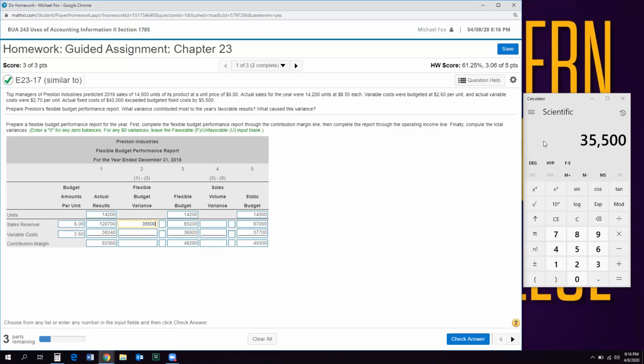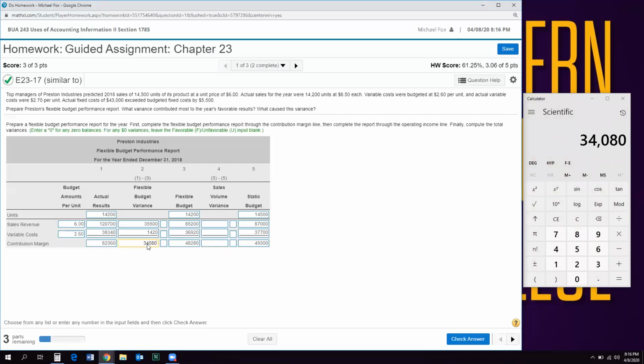For variable costs, the flexible budget variance is 38,340 minus 36,920, which is 1,420. Our contribution margin is again the difference between the two: 82,360 minus 48,280, or $34,080.